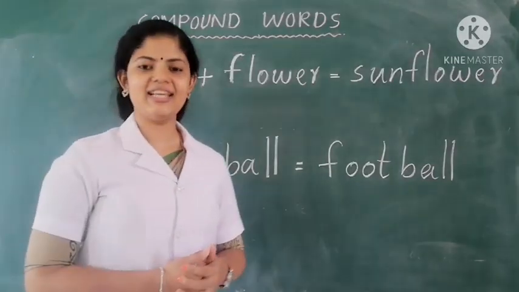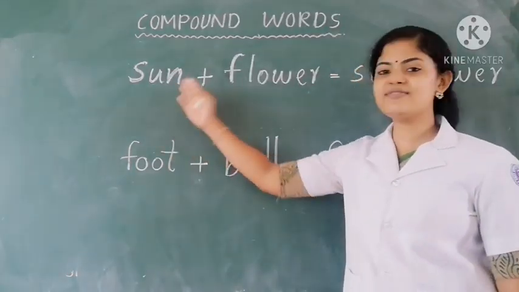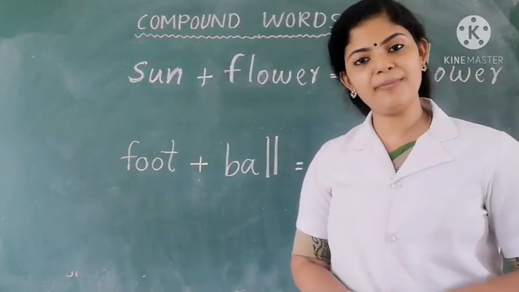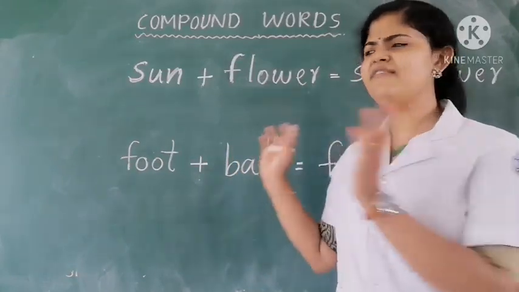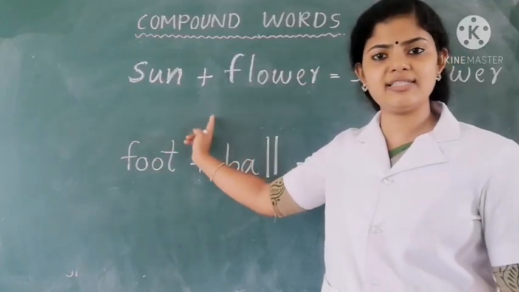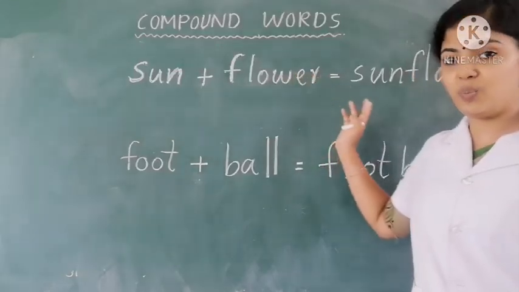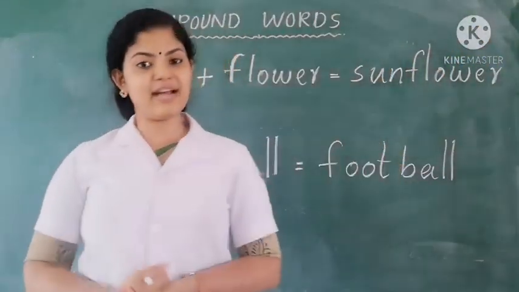So children, in these examples you can see each word has its own meaning. Sun has its own meaning and flower has its own meaning. But when we joined these 2 different words, we got another word with a new meaning. It becomes sunflower.